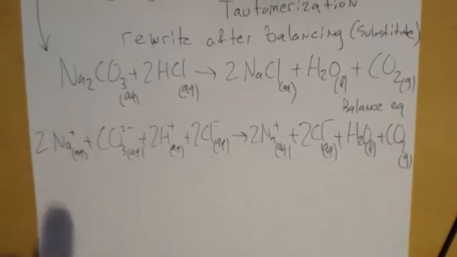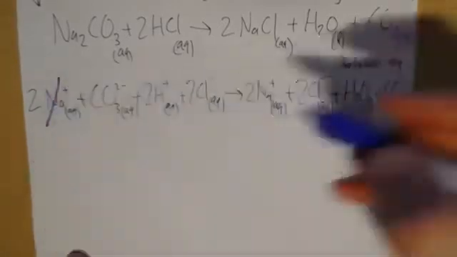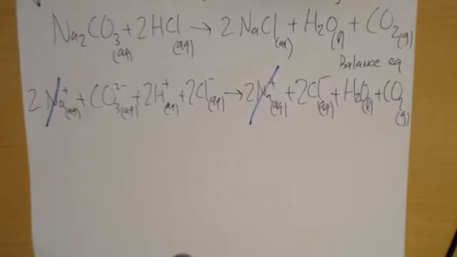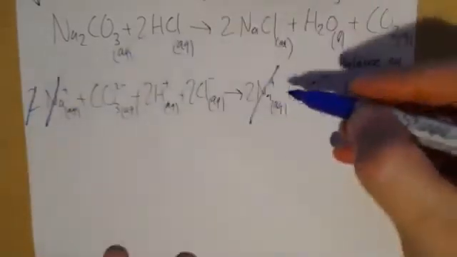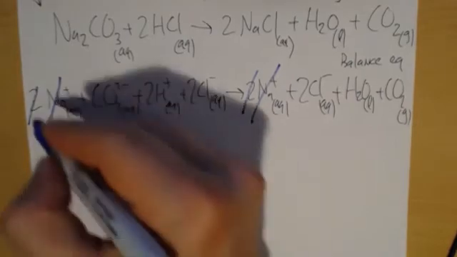Okay, cancel out the spectator ions. What are the spectator ions here? Anybody? What goes away? 2Na. Good. Sodium's just floating around. It's not actually part of the reaction. What else? Would the CO2 also go? Definitely not, all the sodiums go. Sorry, maybe I should have been better.